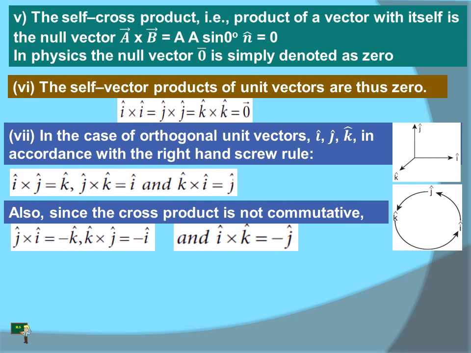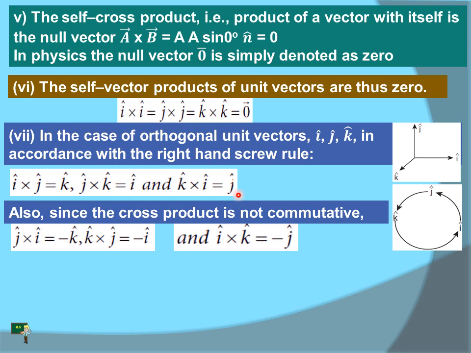Seventh one, in the case of orthogonal unit vectors i, j, k caps in accordance with the right hand screw rule, you can see here in this picture they are at right angles to each other, this i, j and k. i cap cross j cap is equal to k cap, j cap cross k cap is equal to i cap, and k cap cross i cap is equal to j cap.